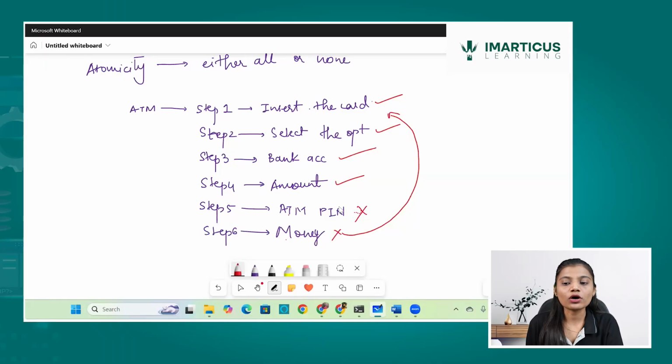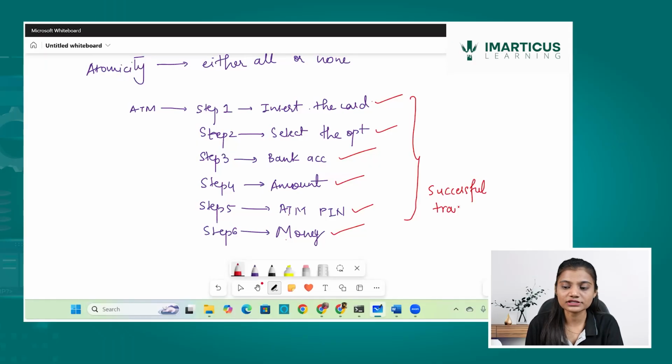So if all the steps are successfully completed, let's say when I roll back the process, it has completed, I entered a correct PIN now, and money was being given. So money has been debited, and that's when I will say that it was what? A successful transaction.